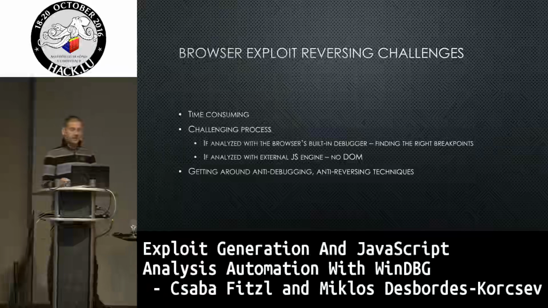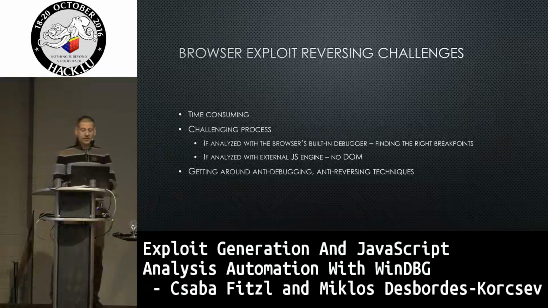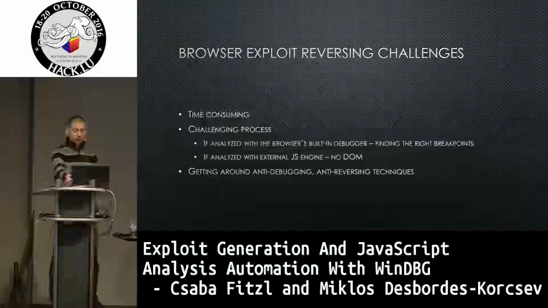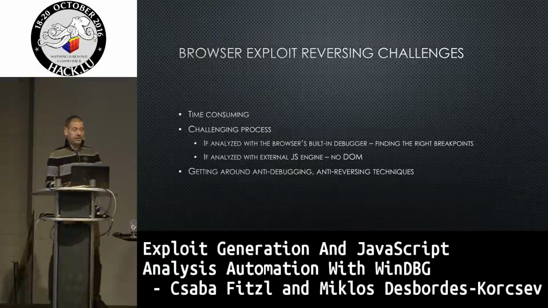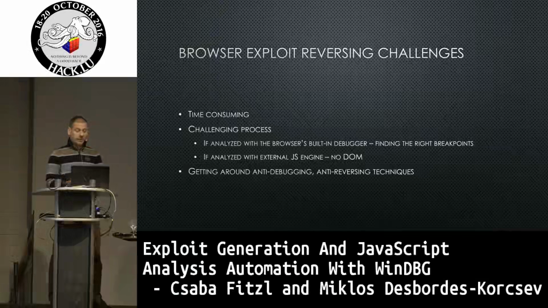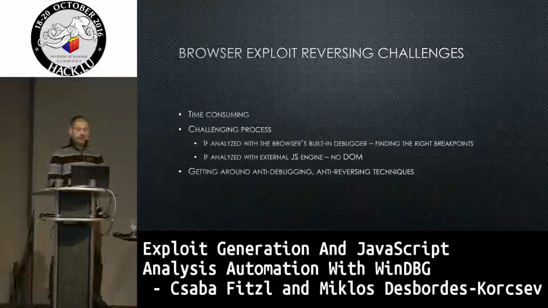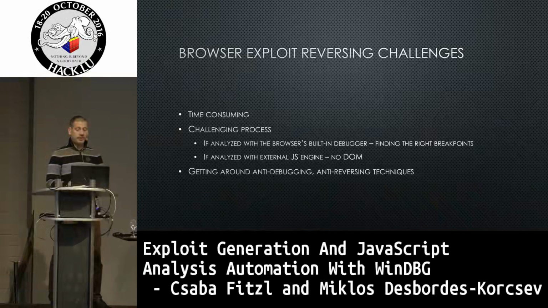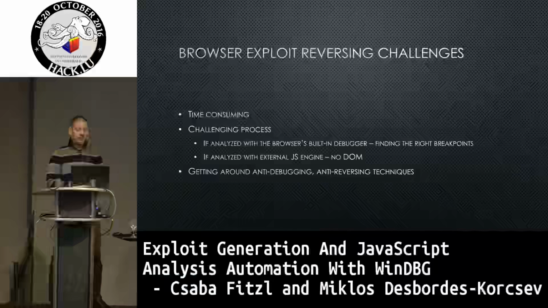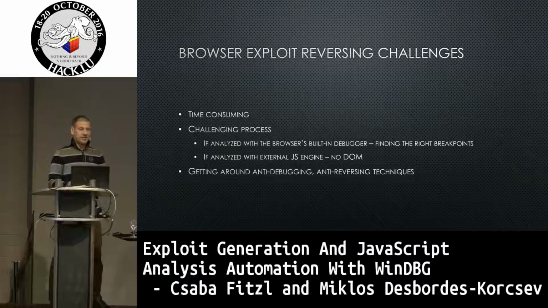Once the thing lands on your desk, you need to figure out how it works and what it does, whether it is already known or not. In the case of browser exploiting malware, it comes down to figuring out the JavaScript part of it, isolating the shellcode, understanding the vulnerability, and honestly, it's quite a time-consuming process.